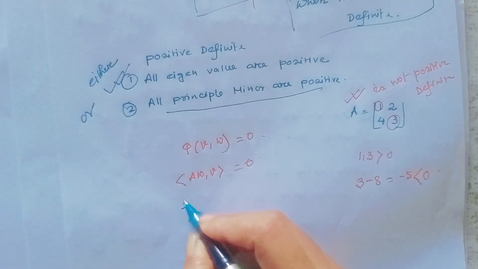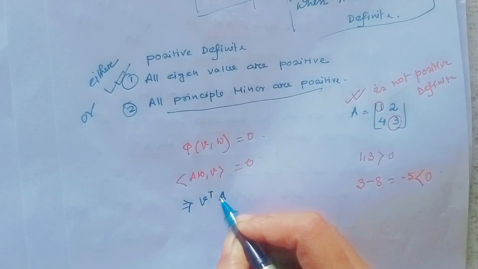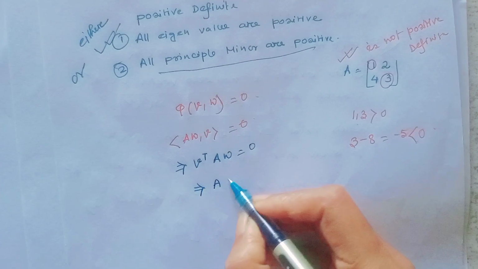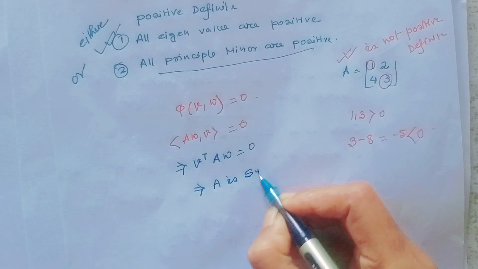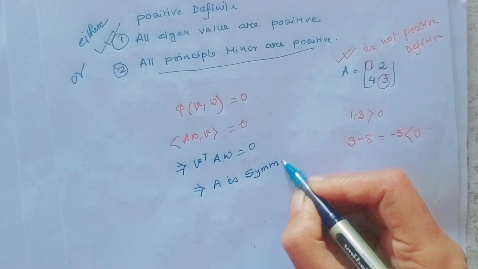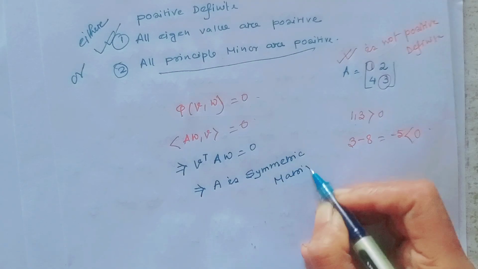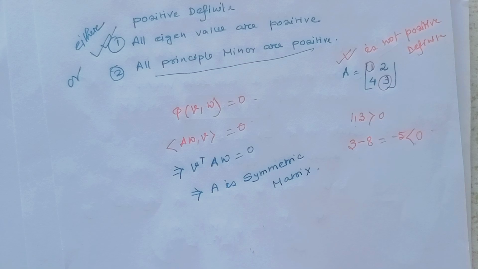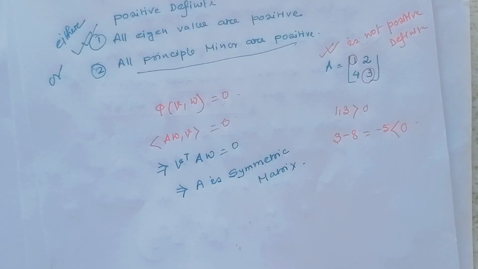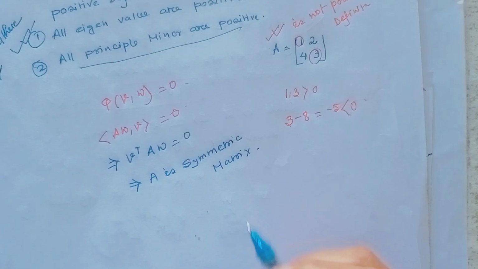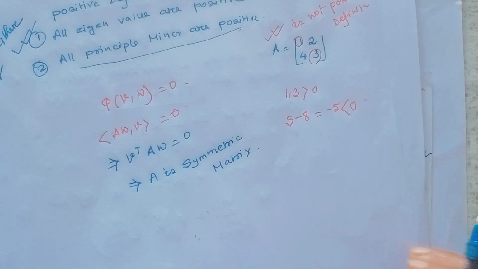That implies v transpose A w equals 0, and this holds when A is a symmetric matrix. But I have seen a few minutes ago that this matrix A is not symmetric. So option 2 is also a wrong option.